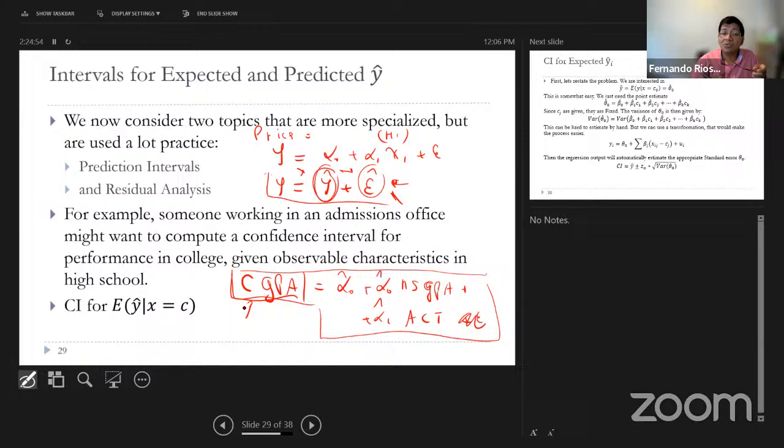So the alternative is to give the policymakers, or the person who is interested in this information, some confidence interval on how precise you think this predicted value will be for somebody who has this kind of information.